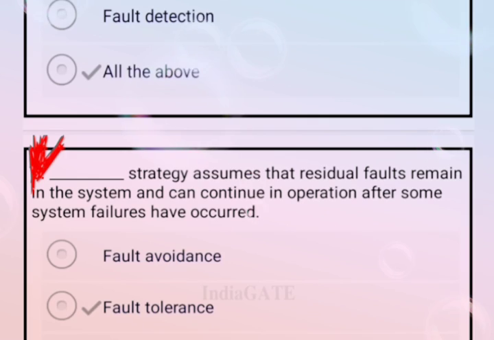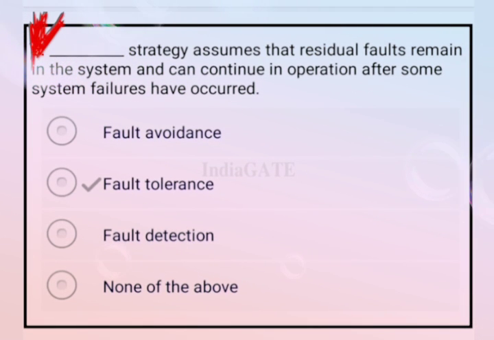Now come to the next question. Dash strategy assumes that residual faults remain in a system and can continue in operation after some system failures have occurred. So option B is correct, that is fault tolerance.